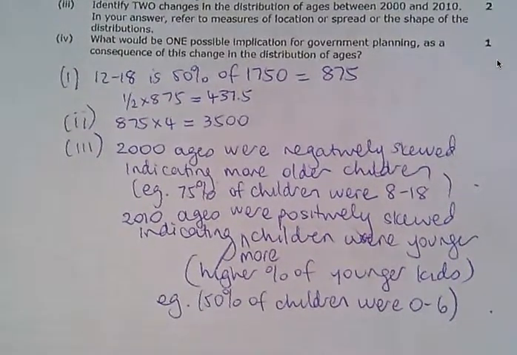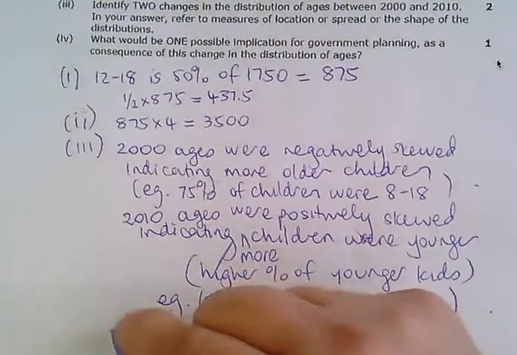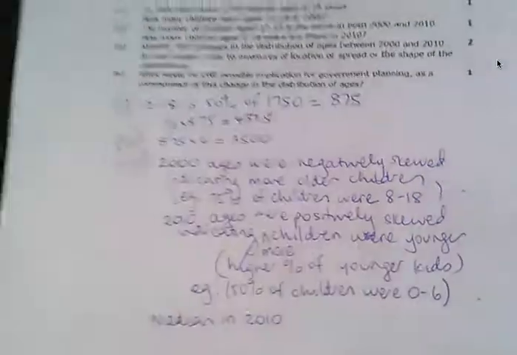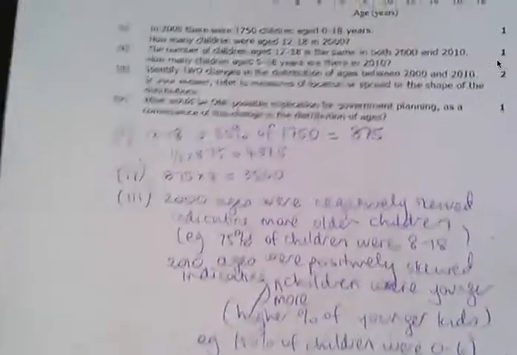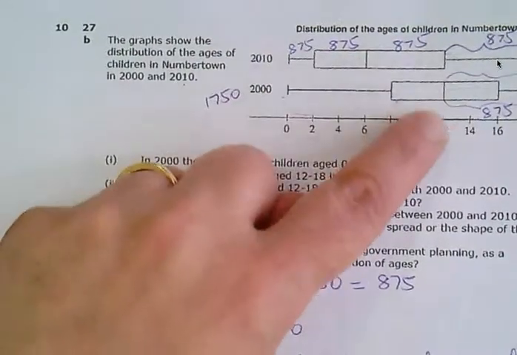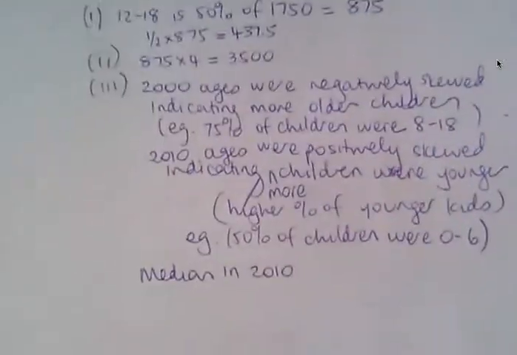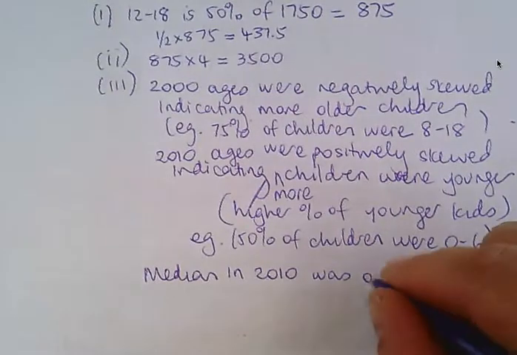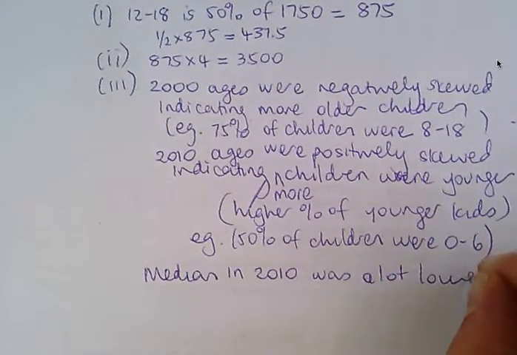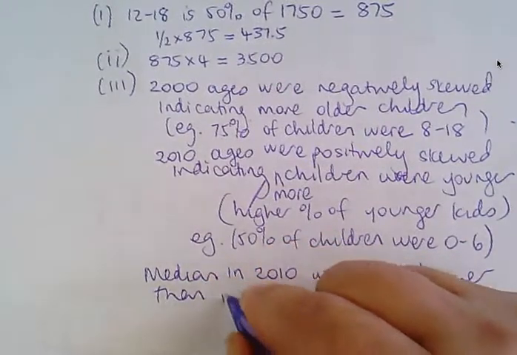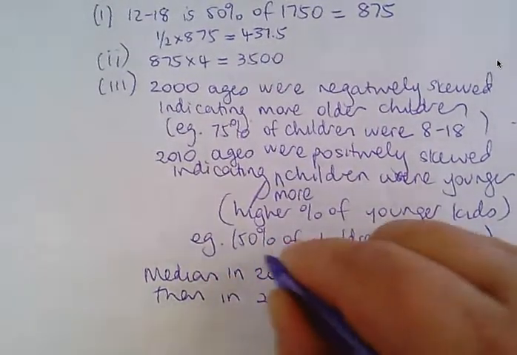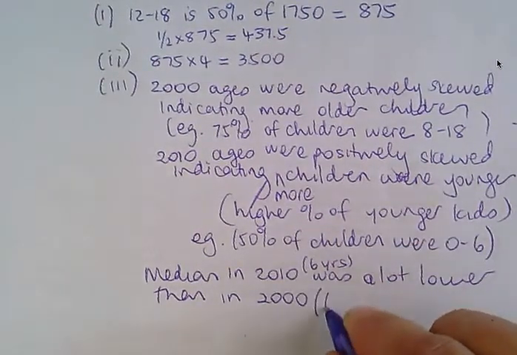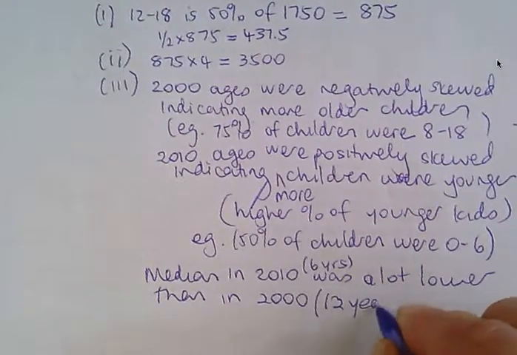Okay? So that's skewness. Why don't we talk about median? Also, the median in 2010, is it higher or lower? Yeah, look at median in 2010 was 6. Median in 2000 was 12. So the median in 2010, which was 6 years, was a lot lower than in 2000, which was 12 years.